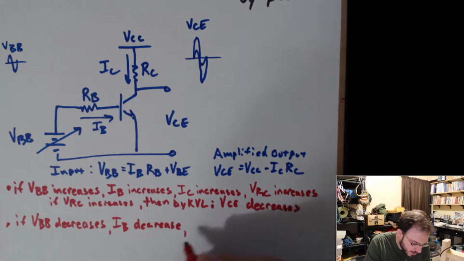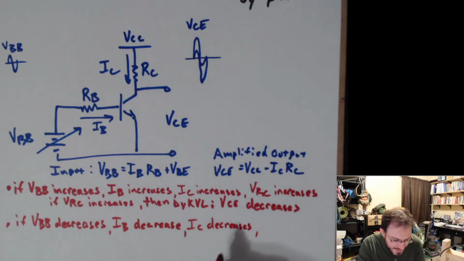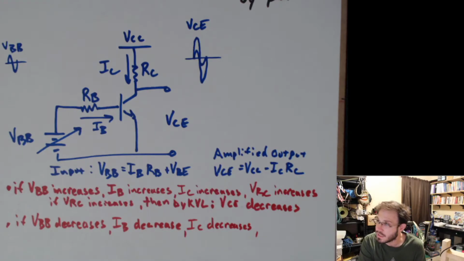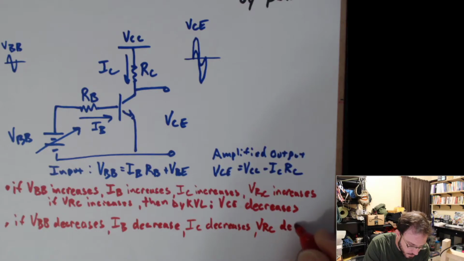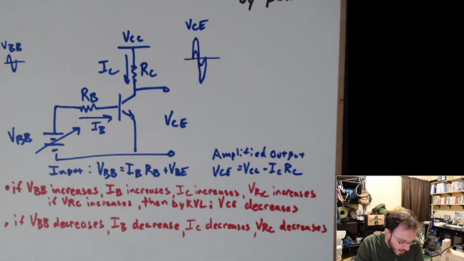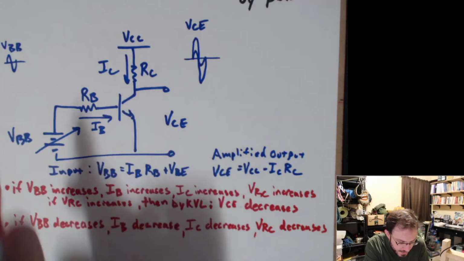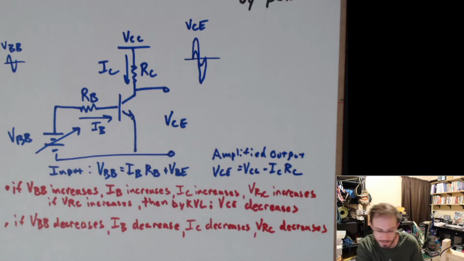If IB decreases, then IC decreases. If IC decreases, then the voltage drop across RC decreases. And if the voltage drop across RC decreases, then the voltage drop between the collector and the emitter must go up.